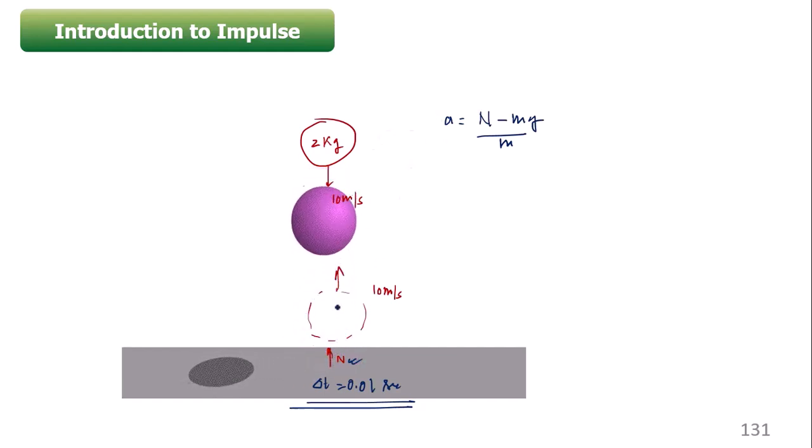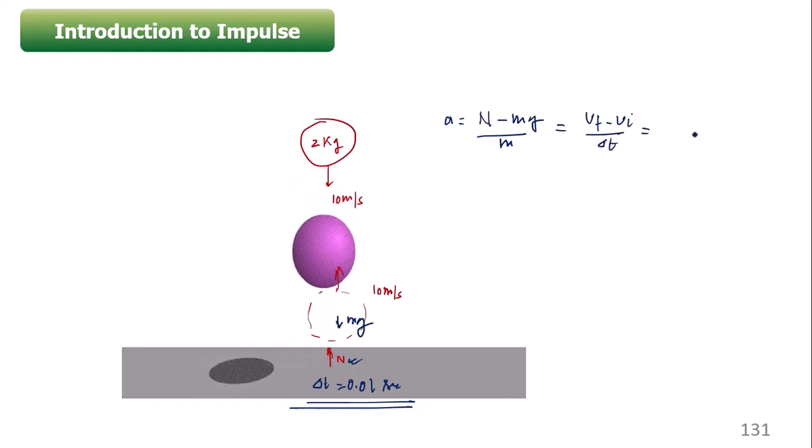For this ball moving upward, N is acting upward and mg is acting downward. So I can say that (N minus mg) divided by m equals our acceleration. And acceleration can also be written as v final minus v initial divided by delta t.